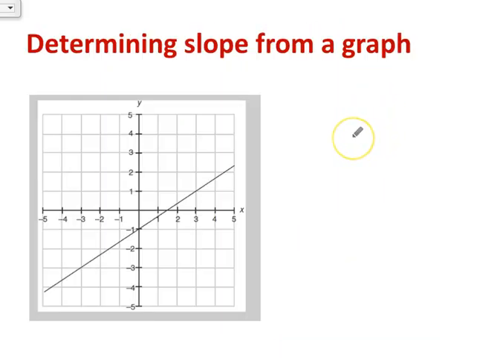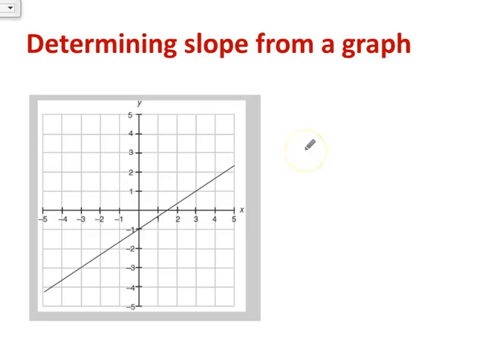Okay, so this week we're going to focus on finding the slope from a graph. So last week we focused on how we find slope if we're given 2 coordinates. And this week we are going to review how to find slope when we're given a graph.